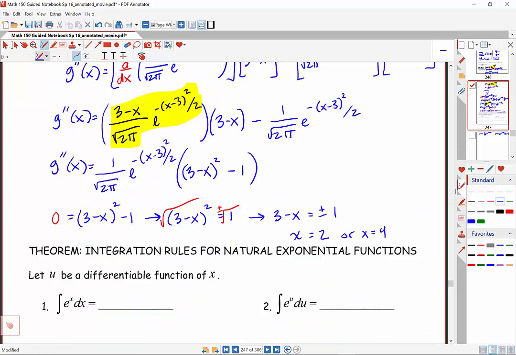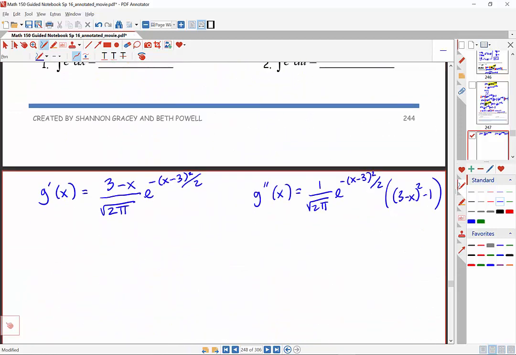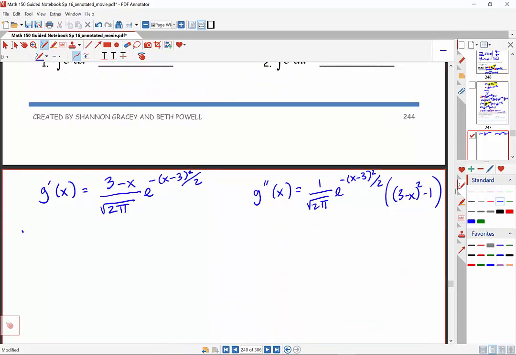And critical numbers from the second one were, okay, so c was equal to 3 for this one, and the zeros for this guy were 2 and 4. I'll keep them in terms of x. X is 2 and 4.